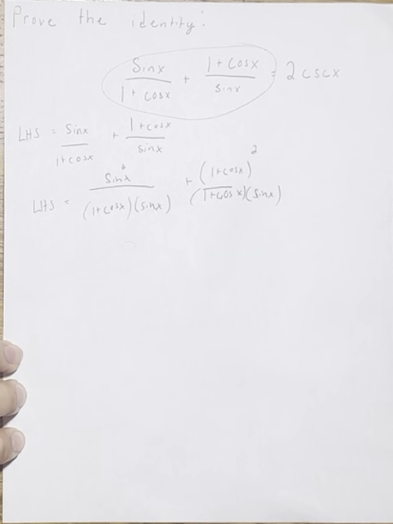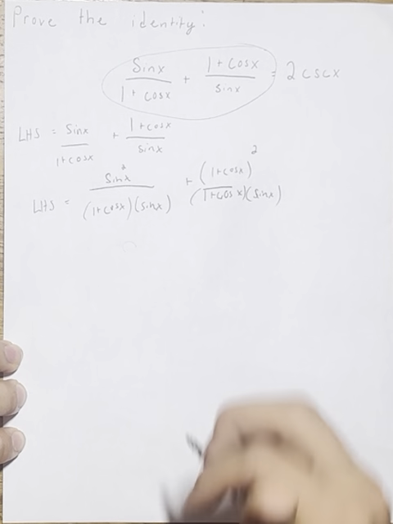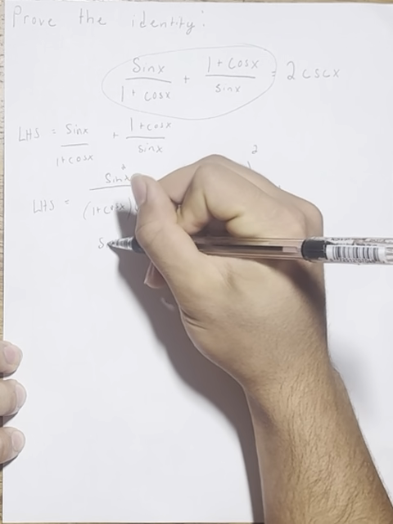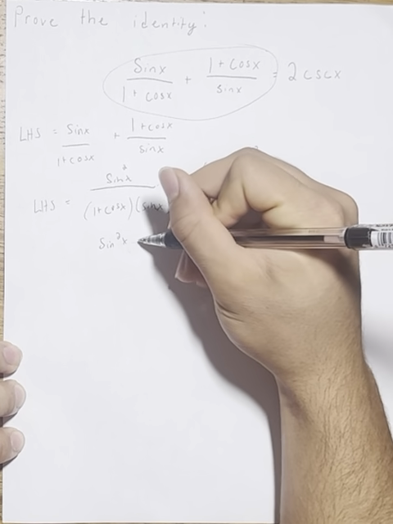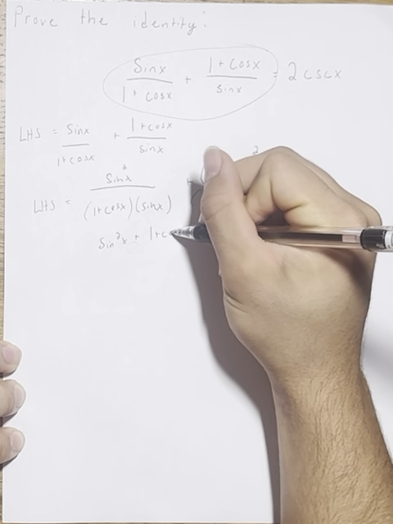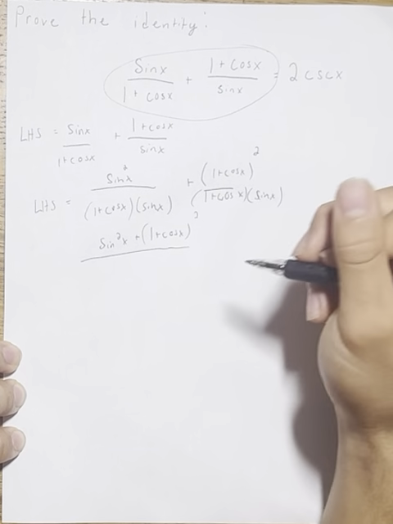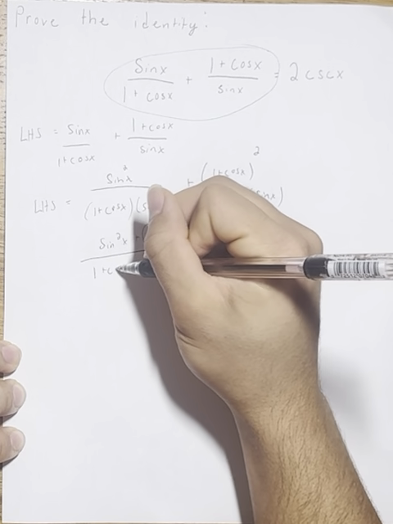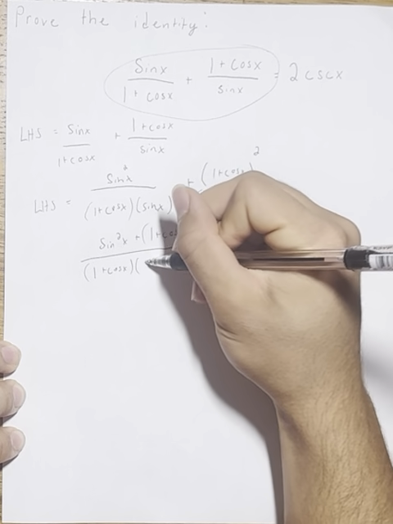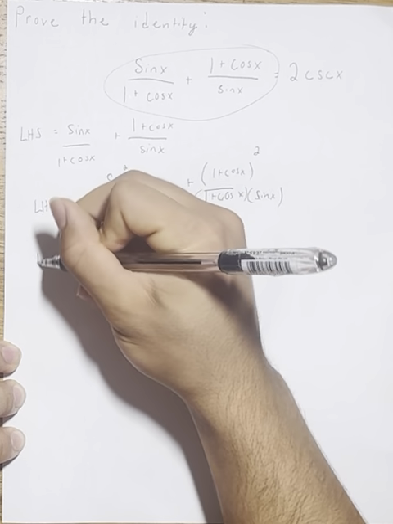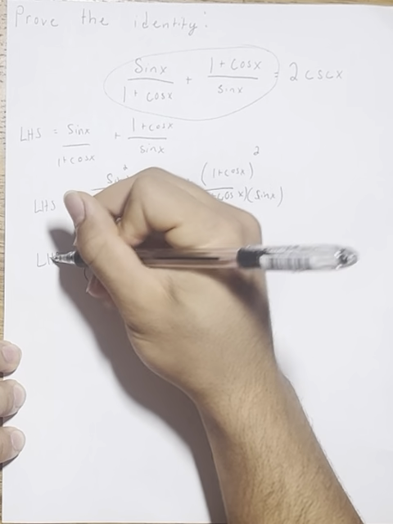So next, I would combine the terms. I would say sine squared x plus 1 plus cosine x squared all over 1 plus cosine x times sine x is the left-hand side now.